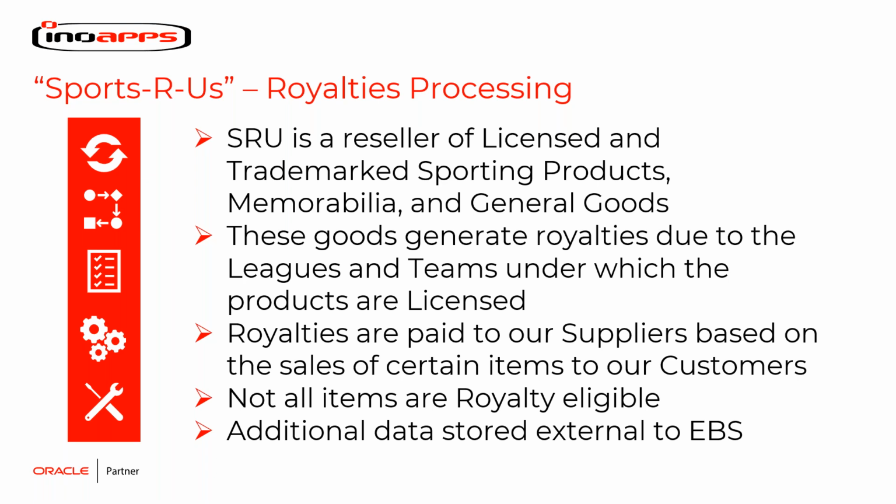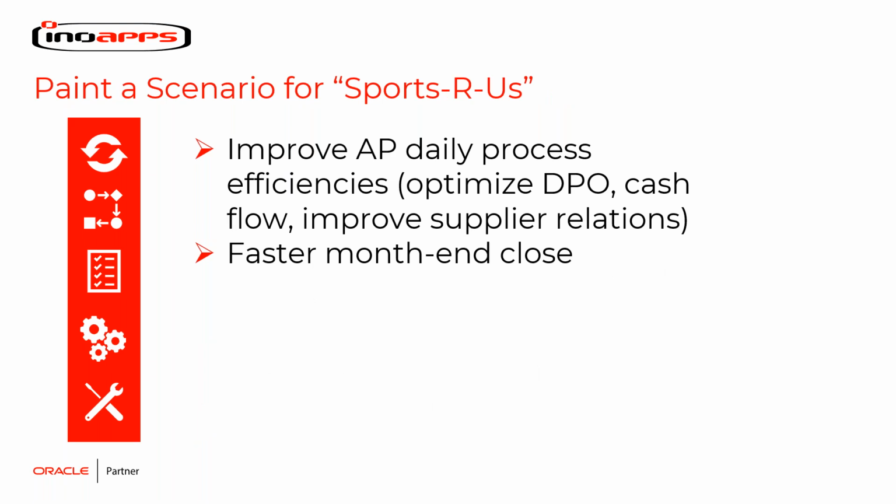So going a little bit further, I want to paint a story or scenario for you. We're reviewing our payables department, and there are some inefficiencies that we'd like to improve upon, some just general process improvements.